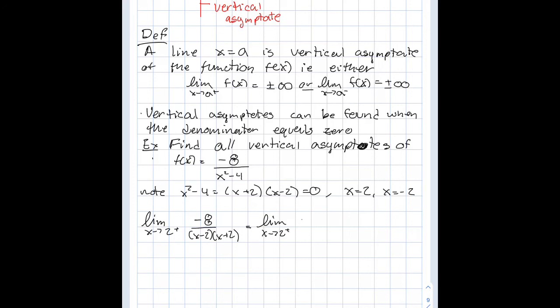So -8 divided by x plus 2, as x goes to 2, is not going to go towards anything of significance, times the limit as x goes to 2 on the right-hand side of 1 over x minus 2.